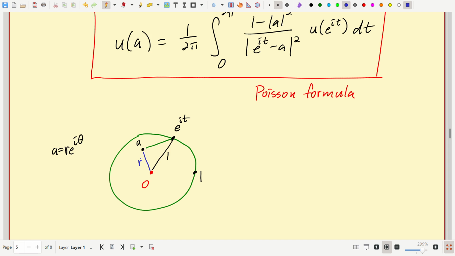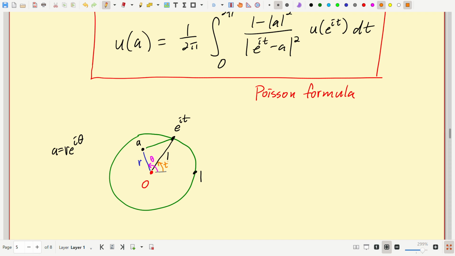And so I've got angles here. Let me put a little horizontal here. This angle is theta, and this angle is t.